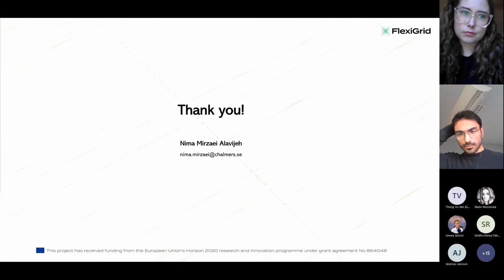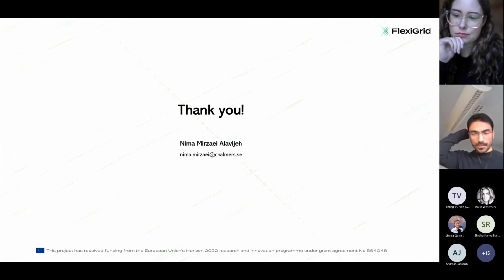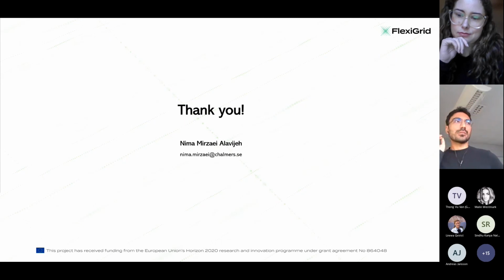The question is about the DSO being the operator of the market platform. I think DSOs are quite regulated in Sweden, as far as I know, so maybe there won't be a big issue. But if the DSOs are the market operator, then they will have access to extra information. One of the criteria in market design is symmetric information access.